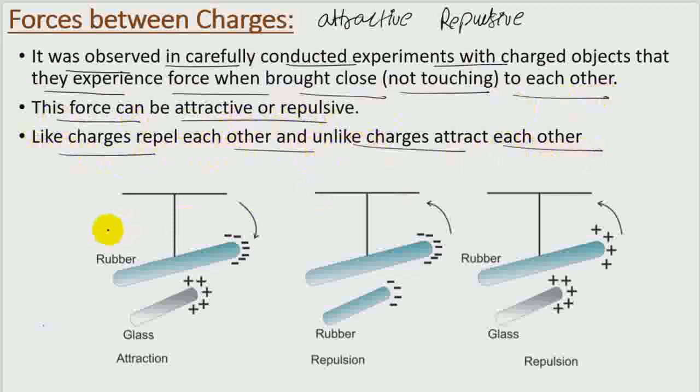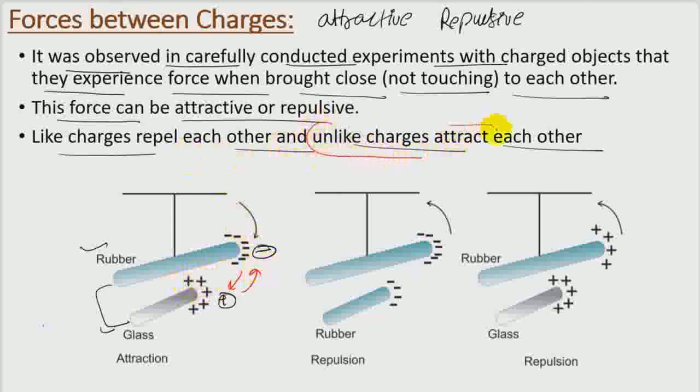How is it possible? We follow this example. A negatively charged rubber rod is brought closer to a positively charged glass rod. They attract each other. The negatively charged rubber rod attracts the positively charged glass rod, and the positively charged glass rod attracts the negatively charged rubber rod.